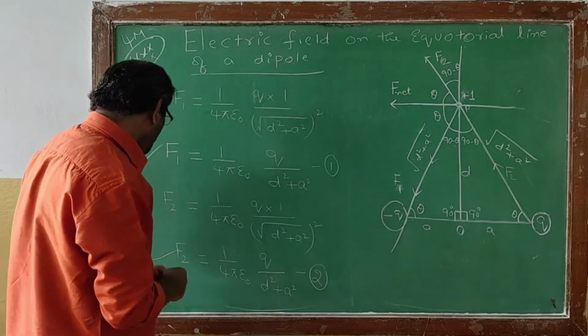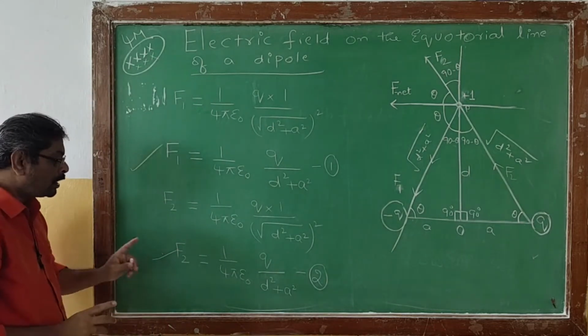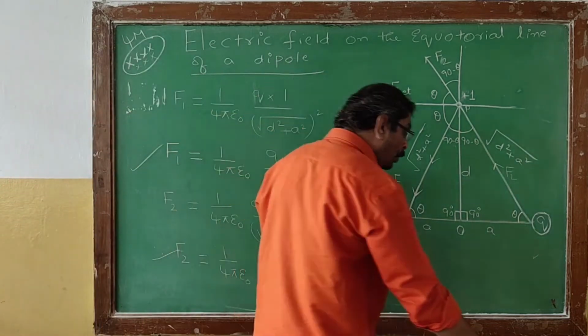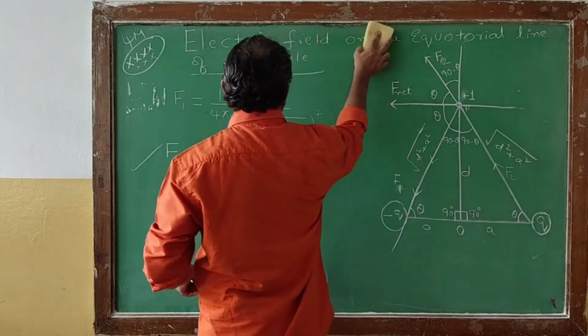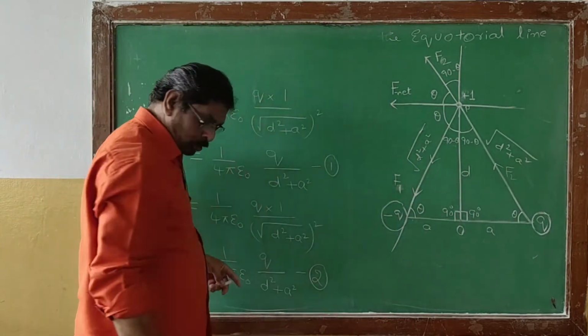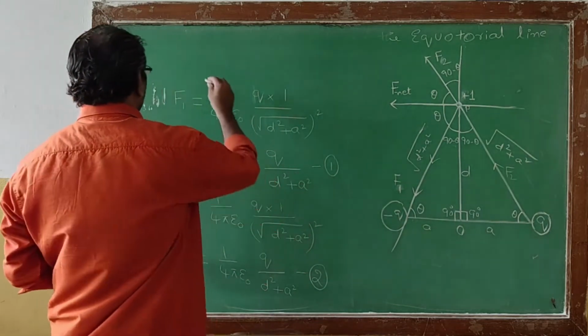That's the reason why the magnitude of F1 will be numerically equal to the magnitude of F2. So what can I write from equation 1 and 2?